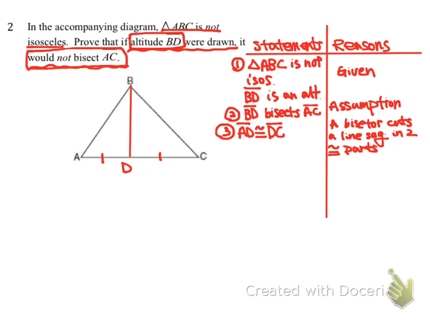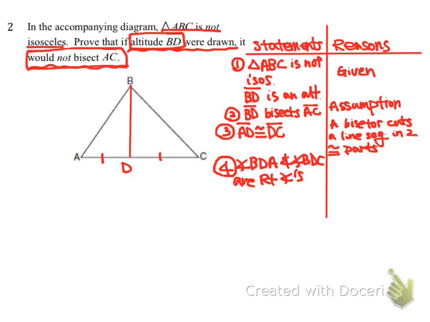Alright, now statement number 4. Notice that BD was an altitude, as it was given, so we get angle BDA and angle BDC are right angles.